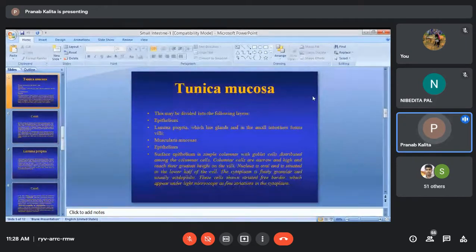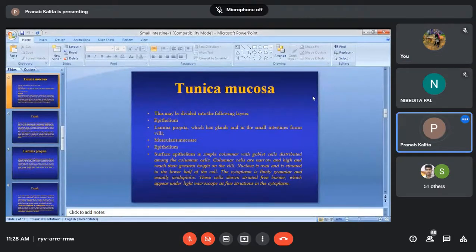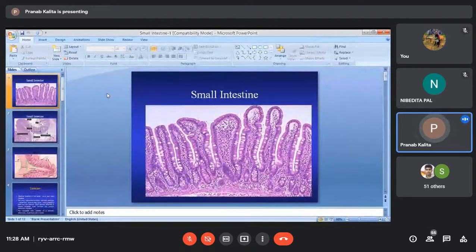Then you see the mucosa. As you know, there are 3 layers in the mucosa, is it not? What are the 3 layers of the mucosa?